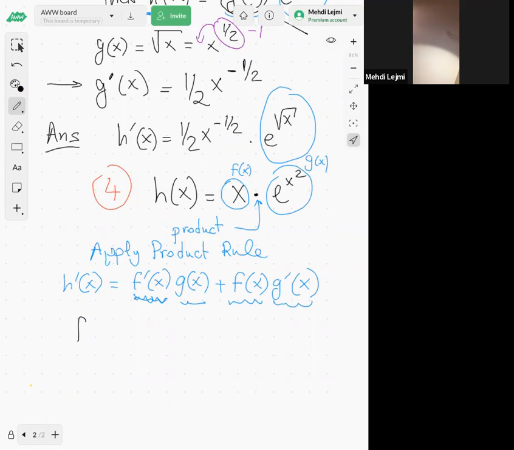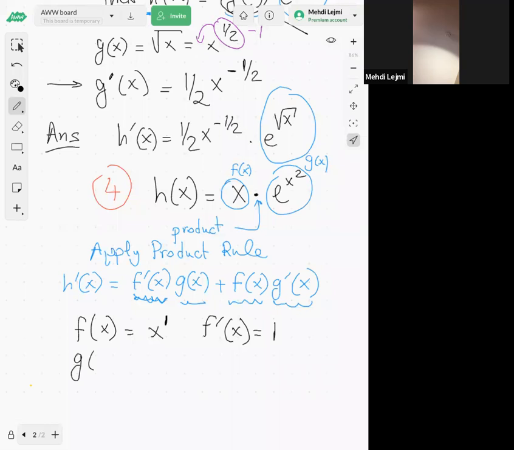So first, f of x is the first function, it's x. So then f prime of x is equal to, so this is 1. You bring down the 1, we subtract 1 from the power, that's x to the power 0, so that will be 1. Okay. Now what about g prime of x?